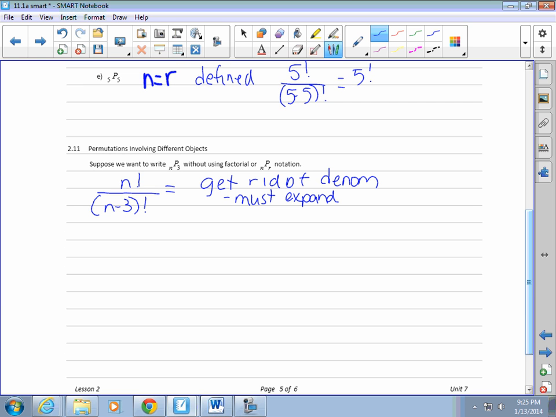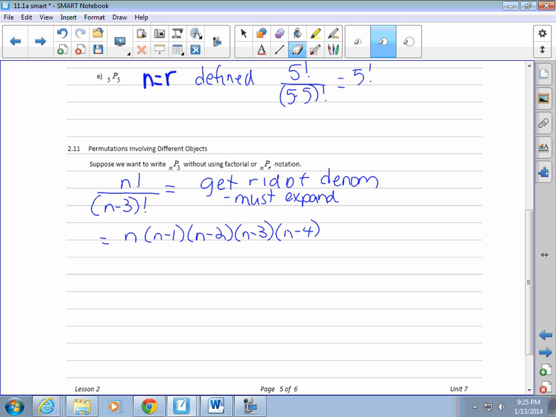From our definition near the beginning of this lesson, n factorial is the same as n times n minus 1 times n minus 2 times n minus 3 times n minus 4. I could keep going, but I'm just going to go to that n minus 3.